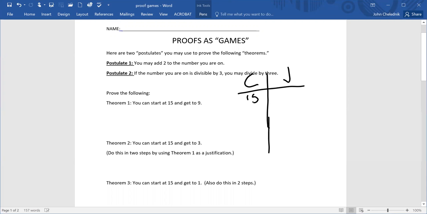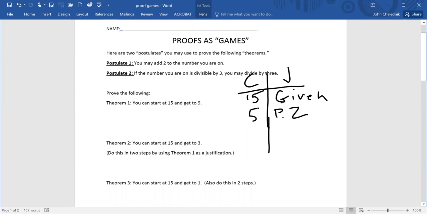And we're starting with 15. That's given to us. We're starting at 15, and we're hoping to get to 9. Well, 15 is divisible by 3, so by postulate 2, we can divide by 3. 15 divided by 3 is 5.